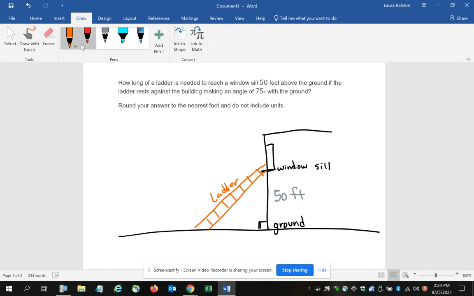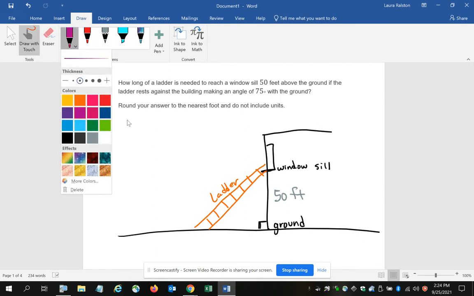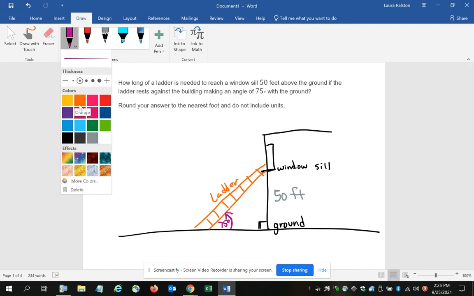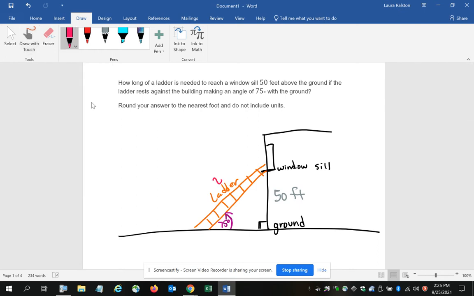The last thing that it tells us is that the ladder rests against the building, making a 75-degree angle with the ground. So there's 75 degrees right here. And we want to know how long of a ladder we need. So we're looking for the length of the ladder, which is x.